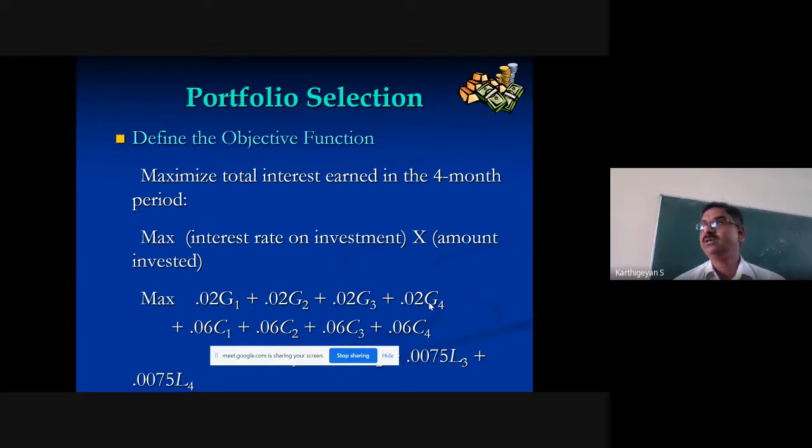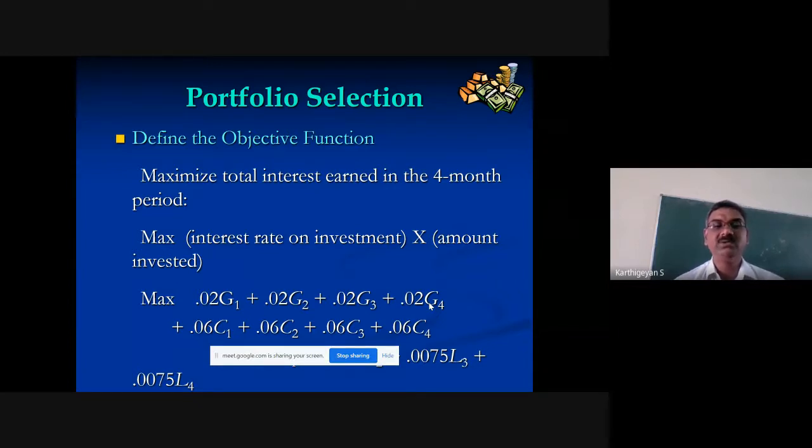And for the local investment L, it's 3/4 of 1%. So all these are your rate of return, and the amount invested we are going to identify by G1, G2, G3. So we are going to maximize.